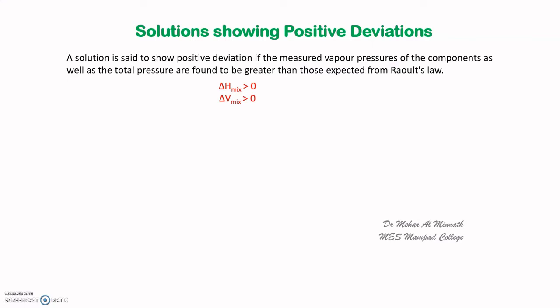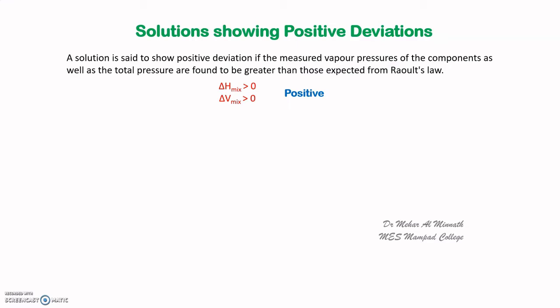And also, here the delta H mixing and delta V mixing would be greater than 0. That means it will have a positive value. That means if you mix two solutions together, the volume increases. That is, the change in volume will be positive. That means the volume of the solution will be more when you mix the two solutions together.